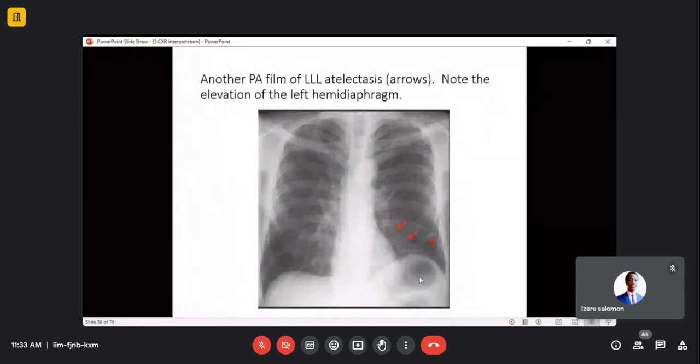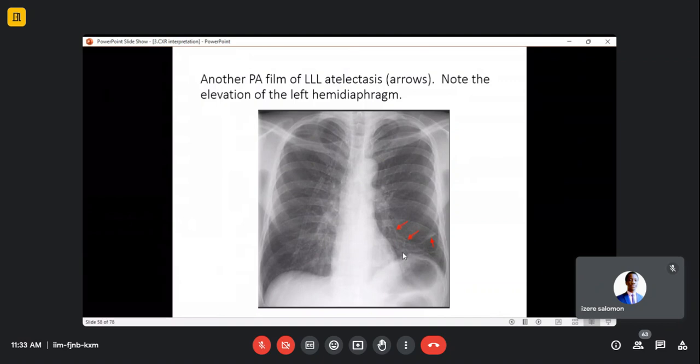And let me tell you the truth, it doesn't look like the previous image, but this was an incomplete left lower lobe collapse. It still has the same triangular shape, but it is not completely collapsed. That's the reason why it is not as opaque as we're supposed to see a collapsed part of the lung. But there is a reduction of air entry here, left lower lobe collapse.